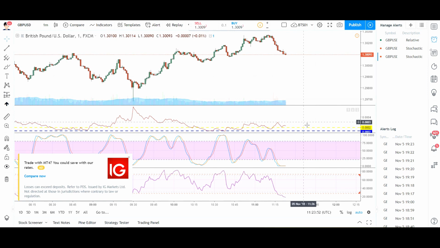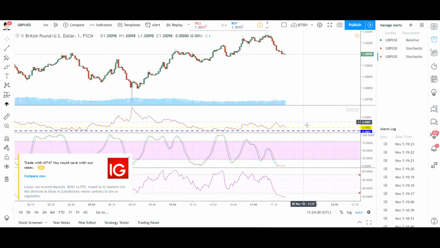You can see clearly it is still parallel, the blue and the red lines of the stochastic RSI. The worst case that can happen in this graph right now is that it just remains parallel for a long period of time, and I would say do not trade in such a situation, because that means the price is not moving anywhere.